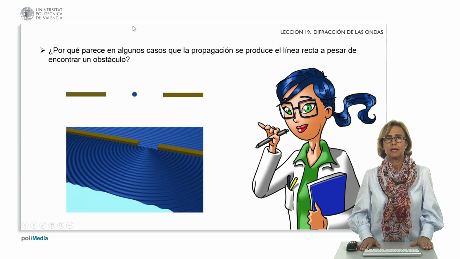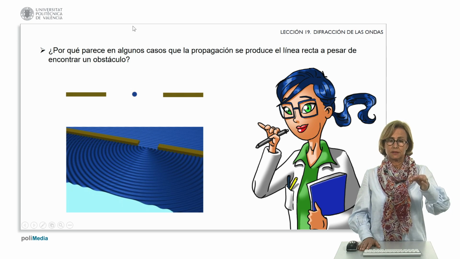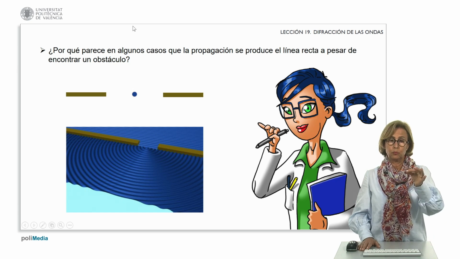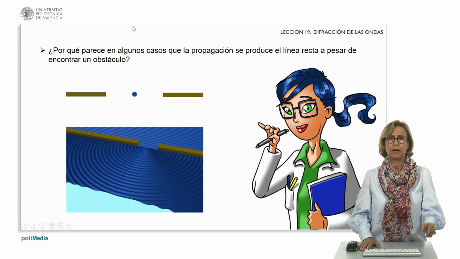Well, Huygens' principle tells us that every point on the wavefront becomes a secondary wave. If it is only one point that propagates, we see that the wavefront is the one that Jota saw in the first simulation.